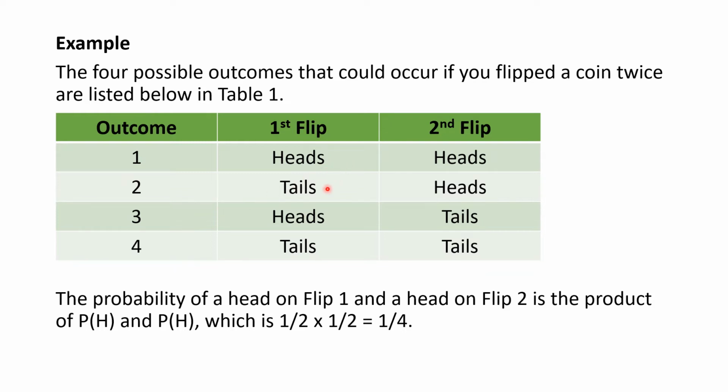The possible outcomes are getting a head in the first flip and second flip, getting a tail in both flips, getting a tail in the first flip and head in the second, and vice versa, heads in the first flip and tails in the second flip. So the probability of a head on the first flip and a head on the second flip is the product of half multiplied by half, which is a quarter. Okay, so please pay attention to this.